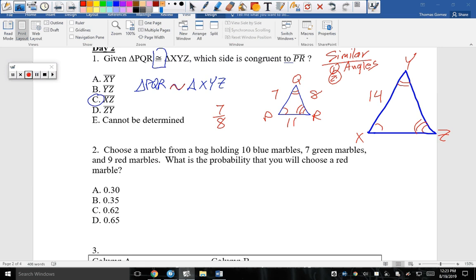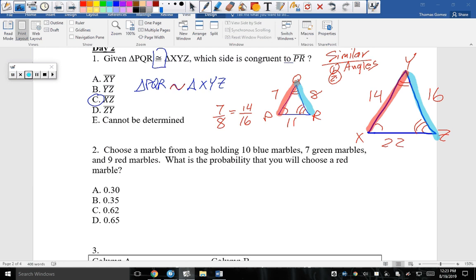If this one's 14, what do you think YZ is? 16, right? What do you think XZ would be? 22. So you already see the proportion. The way I did this is I said 7 over 8 would be the same over here. So the proportion would be 14 over 16. So the side ratios are the same. Just FYI review because you need to know that. Okay?